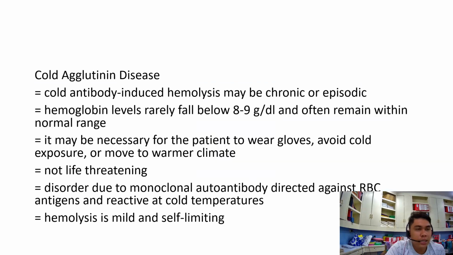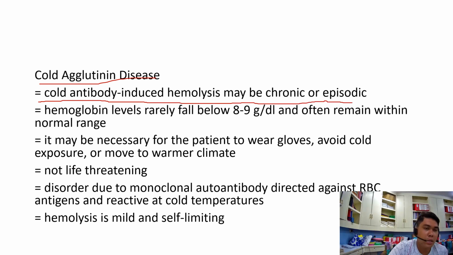Next, cold agglutinin disease. So cold antibody-induced hemolysis may be chronic or episodic. Hemoglobin levels rarely fall below 8 to 9 grams per dL and often remain within normal range. It may be necessary for the patient to wear gloves, avoid cold exposure, or move to a warmer climate in order to reverse the disease.